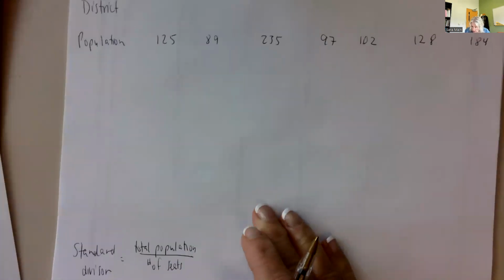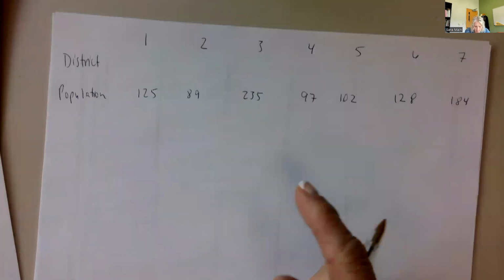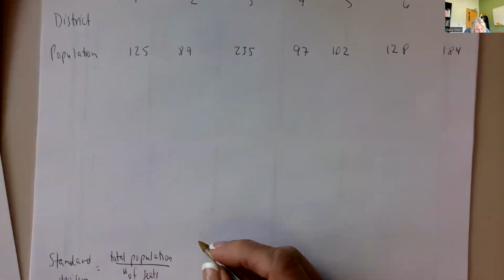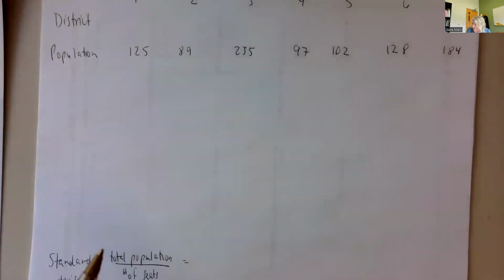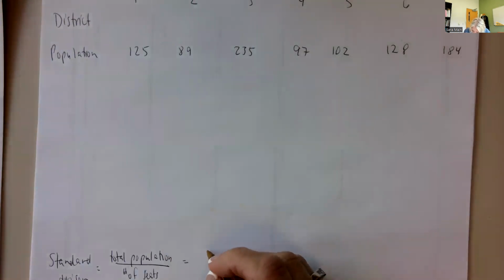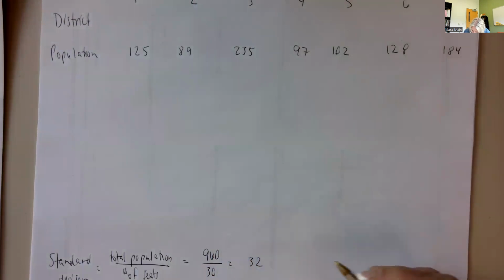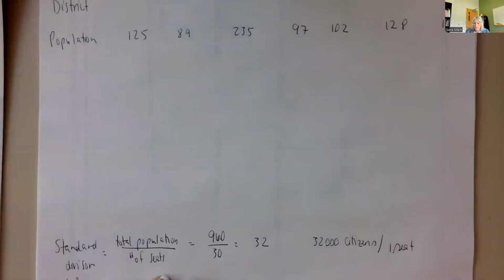Because these are all in thousands, I can just use the total, 960,000. I can just say 960 divided by the 30 seats. And that means we'll get a standard divisor of 32, which means 32,000 citizens per 1 seat. So that's what that means.